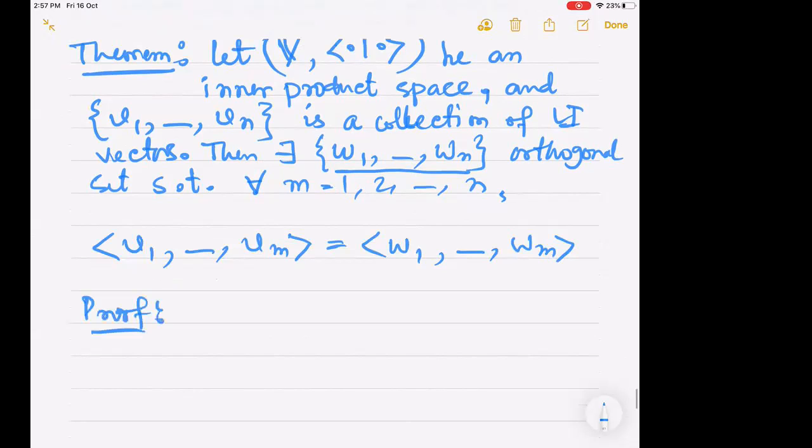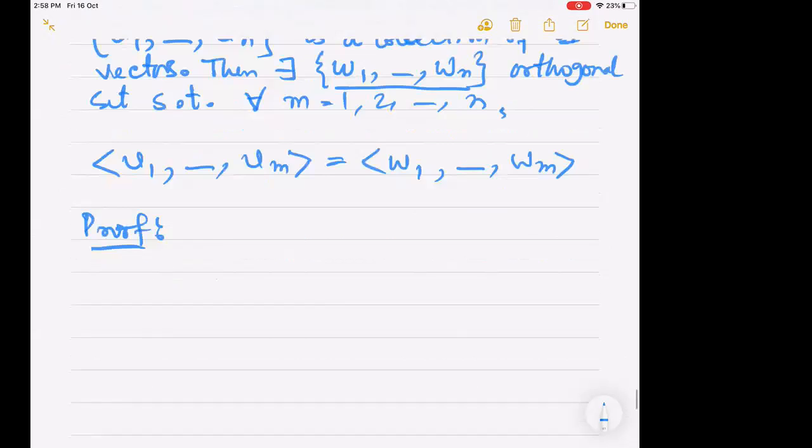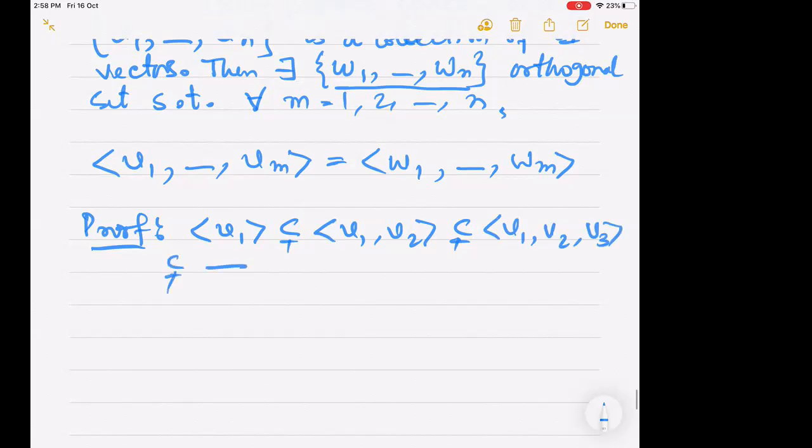I have V1 up to Vn, linearly independent vectors. The span of V1 is a subspace, the span of V1, V2 is a subspace that contains the span of V1, the span of V1, V2, V3 is another subspace that contains the span of V1, V2, and so on, right?